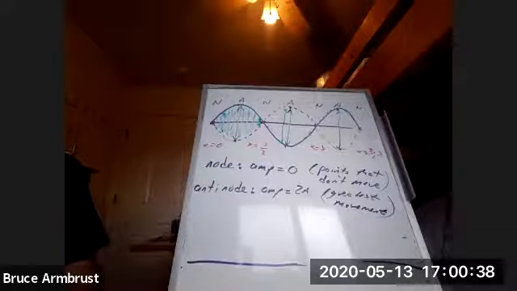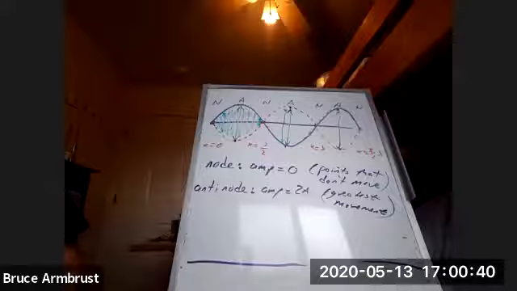And they literally just alternate every quarter of a wavelength. So if you know the wavelength, you know where these things are going to be, and you'll know how many of them you get if you know how long your string is.